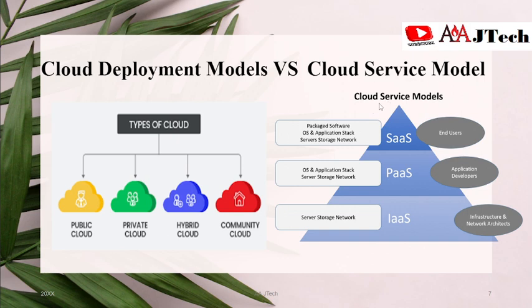In cloud, we have different types of service models, but I will start from the beginning, from the bottom, and we will talk about IaaS. What is IaaS? It means infrastructure as a service.